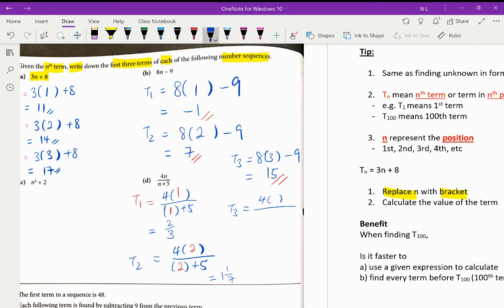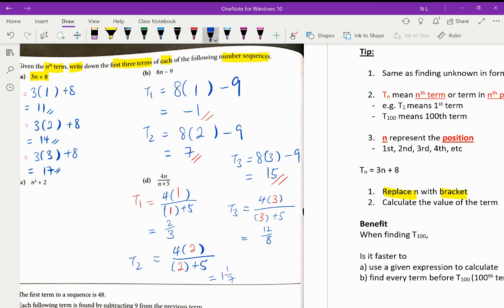Let's look at the third term. 4 bracket plus 5. I'm just replacing all my n with brackets. As you can see from the past two examples, 4a and 4b, all the methods are the same, just that we give you a different expression this time around. Since I'm looking at the third term, my n will be 3. Now all I need to do is use my calculator to calculate, and I'll get 12 over 8.